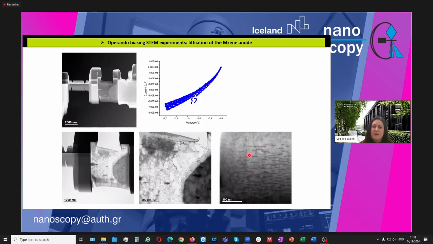And of course, a critical issue is to understand if these defects act as traps of lithium. So we perform EELS here to see if we have a clear signal of lithium and of higher concentration of lithium along the structural defects.